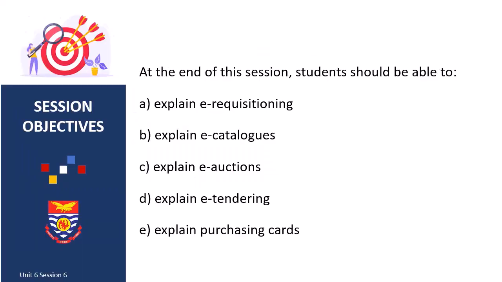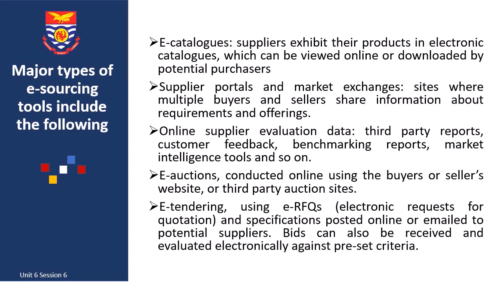At the end of this section, we should be able to explain e-requisitioning, explain e-catalogs, explain e-auctions, explain e-tendering, and explain purchasing cards. The major types of e-sourcing tools include the following: e-catalogs, supply portals and market exchanges, online supply evaluation data, e-auctions, e-tendering, e-requisitioning, e-contracting, e-catalogs, and some other E's that we'll be seeing as we progress in this section.